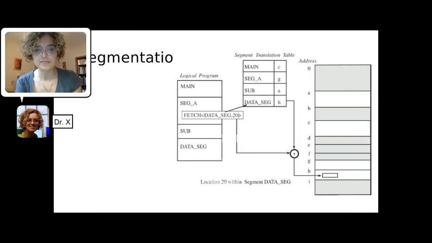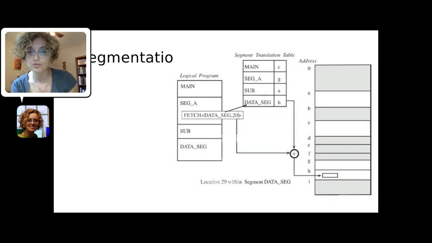So here we can see a specific example of segmentation where some data needs to be fetched for the program execution, and we have the data segment translation table that knows the base address for this segment, and then we need to reach up to, let's say, the 20th word over there. With this kind of information, we can access the exact location that the program needs. The nice thing with segments is that the operating system can move things anywhere it wants.